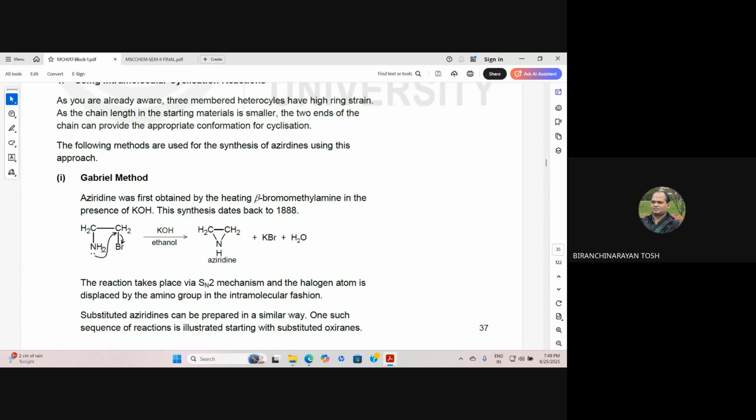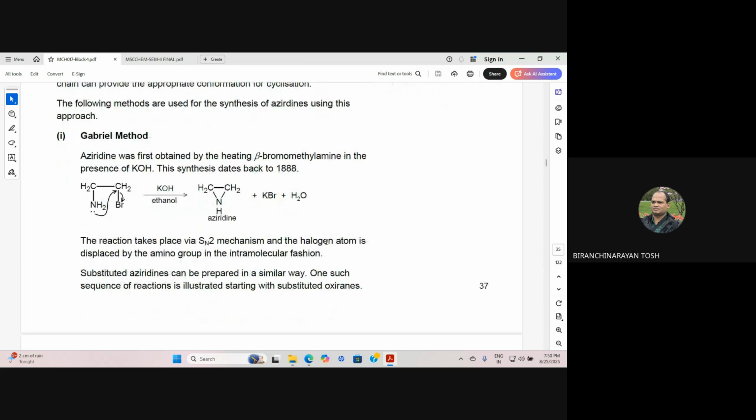So one hydrogen will be removed from nitrogen and bromine will be removed forming potassium bromide, and hydrogen will form water, so that nitrogen will be bonded to carbon forming aziridine. This reaction takes place via the SN2 mechanism, and the halogen atom is displaced by the amino group. This is not elimination, but a substitution reaction. Bromine is substituted by nitrogen.